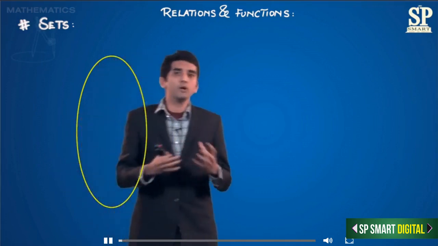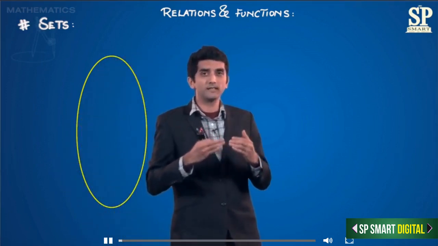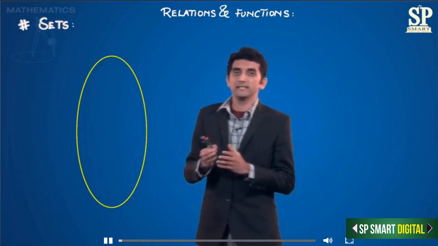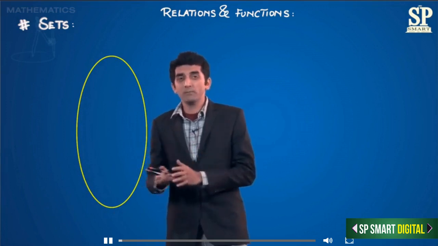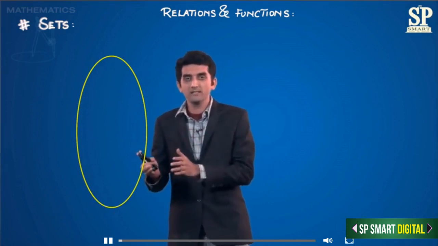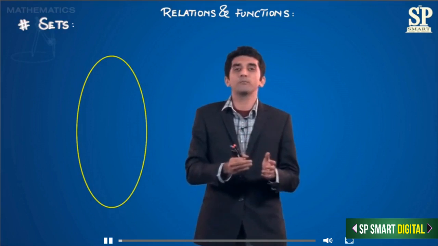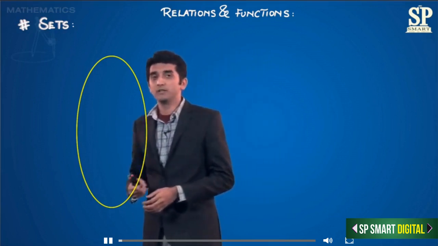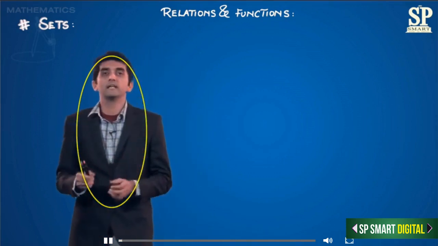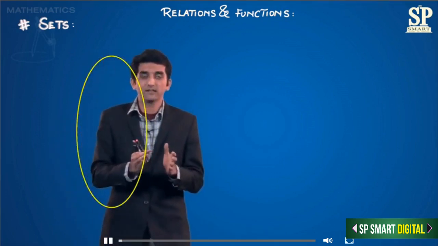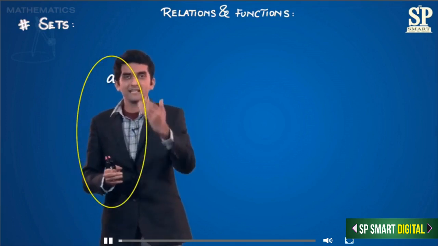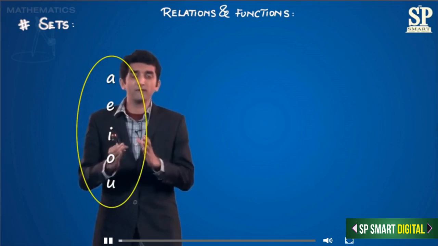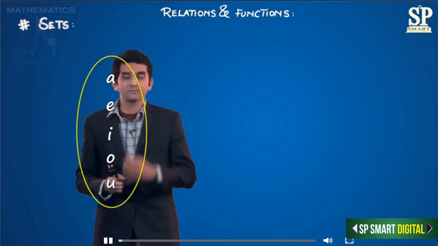Now, when we talk about sets, there are two basic distinguishing elements. The first thing is sets which are made up of well-defined elements, and sets which are made of not well-defined elements. Like, as we took an example, vowels of the English alphabet is a well-defined set, right? Because we know that A, E, I, O and U are the 5 elements, and the only 5 elements that are in this particular set.